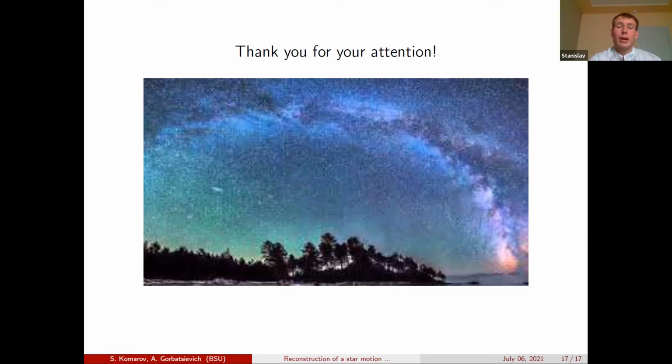For example, the question is that the star has quite a large distance from the supermassive black hole, and due to this, maybe general relativistic effects cannot be seen so clearly, but we know that with time many new stars are observed.